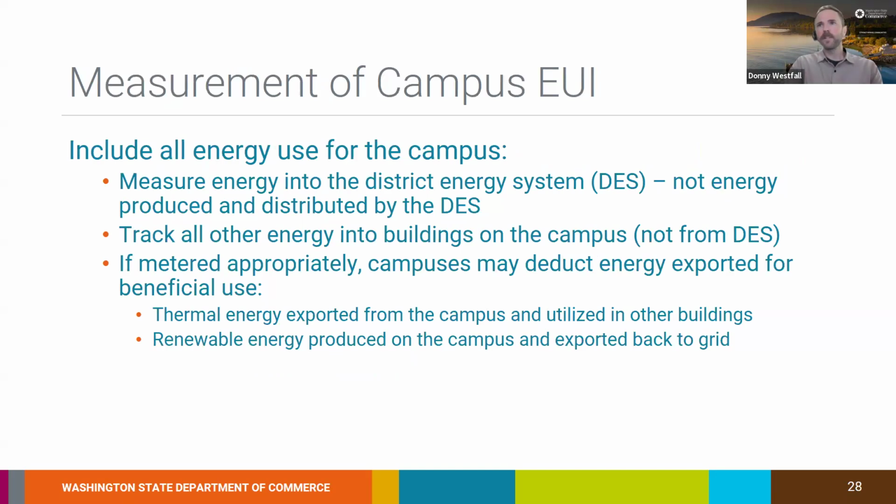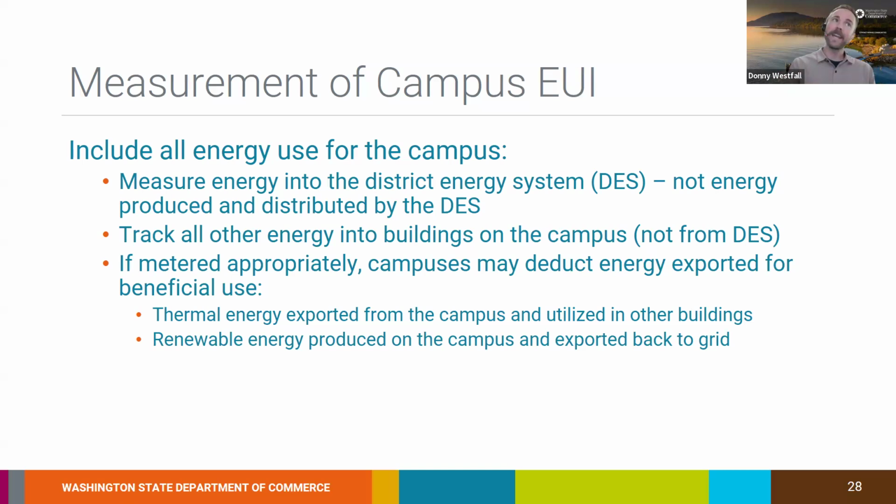So for campuses, benchmarking and EUI development will look a little different. As I just spoke to, the net energy use of the campus will need to account for all the buildings on the campus. And again, this may differ depending on the approach to compliance with the Clean Building Standard. Like I mentioned earlier, a campus pursuing decarb of their district energy system may comply as a connected building, if it's just the buildings that are connected to that district energy system, and that's all that's complying with the standard.